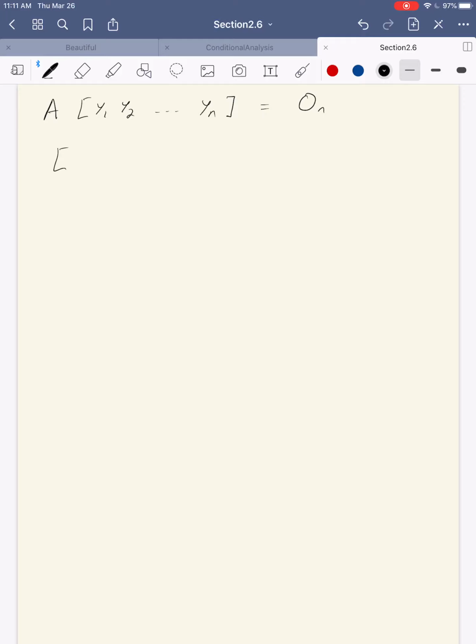So that would give us Ay1, Ay2, all the way down to Ayn is equal to the 0 matrix. If this is equal to the 0 matrix, then each of these must be equal to the 0 column vector. So Ay_k is equal to 0 as a column vector for all k.